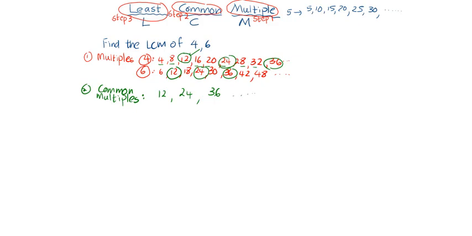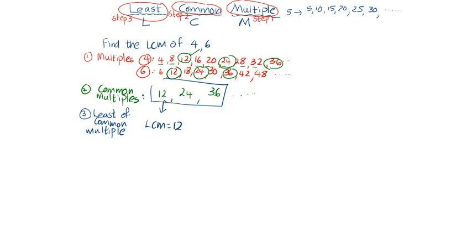Then lastly, in step 3, we find which one is the least of all the common multiples. Least means the smallest. The common multiples are 12, 24, and 36, so the smallest one, my LCM, is 12.